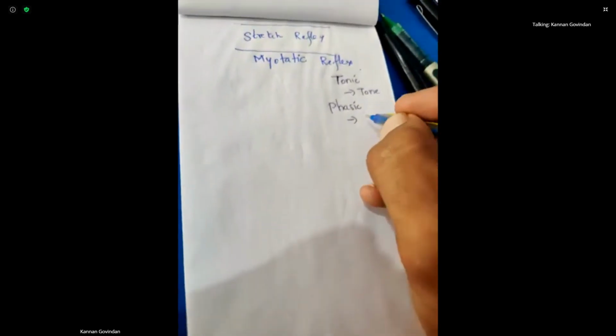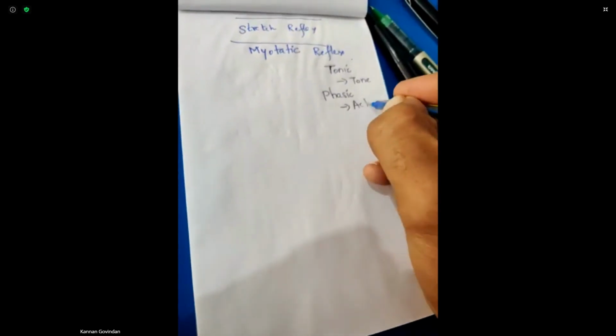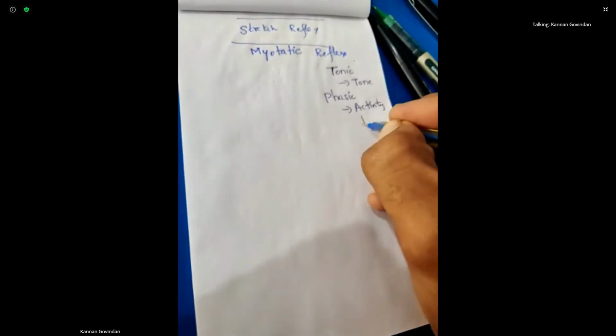We have 2 types of stretch reflex. We have tonic stretch reflex, which regulates the muscle tone, and we have the phasic stretch reflex, which comes into action during your testing of reflexes, during activity, like muscle jerks.